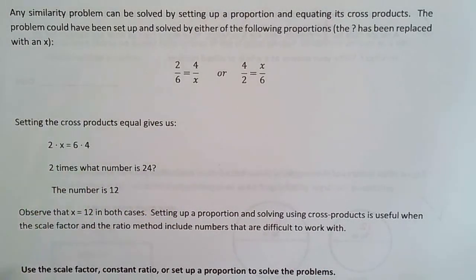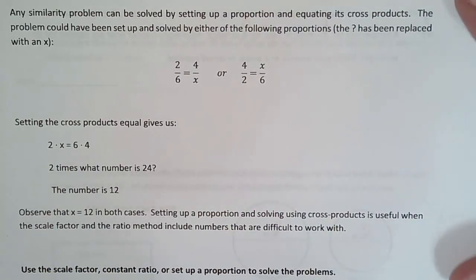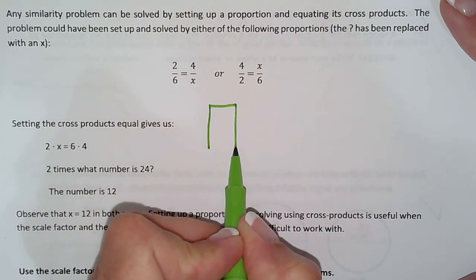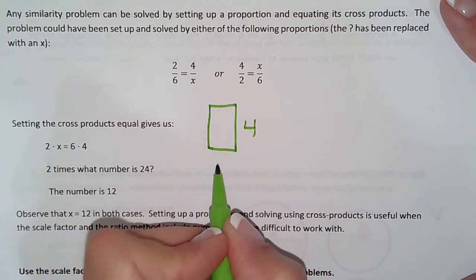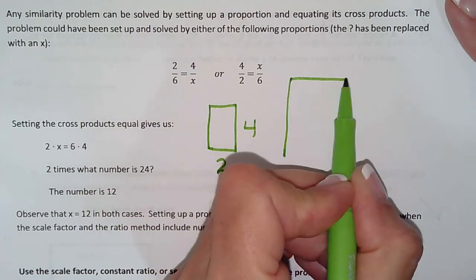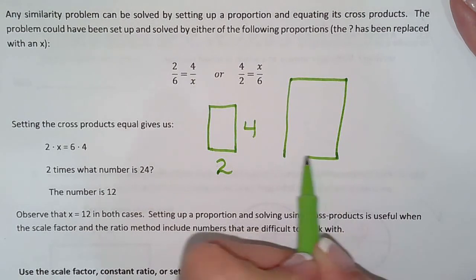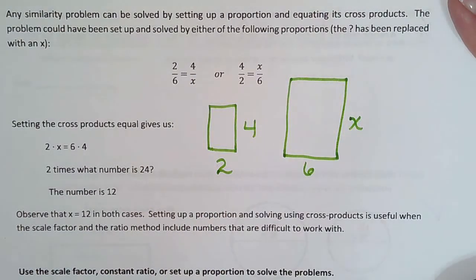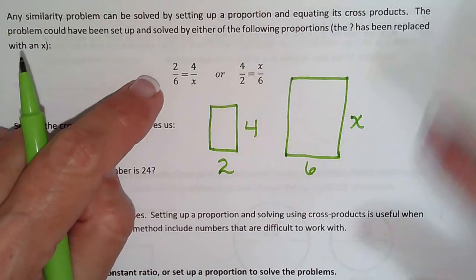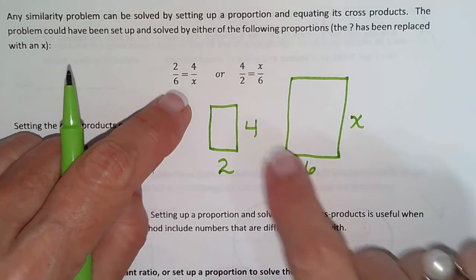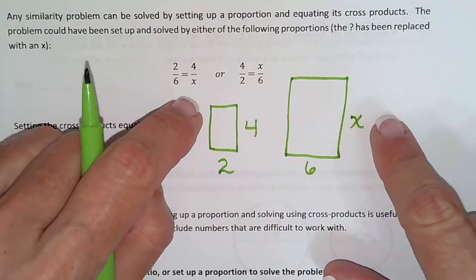So we can say, when we're looking at this picture, I'm going to draw it just so we don't have to keep turning back. So they gave us that this was 4 and this was 2. And then on the big picture, they gave us that this was 6 and they called this the question mark. Well, we're going to call the question mark X. So you can say 2 goes with 6, just like 4 goes with X.